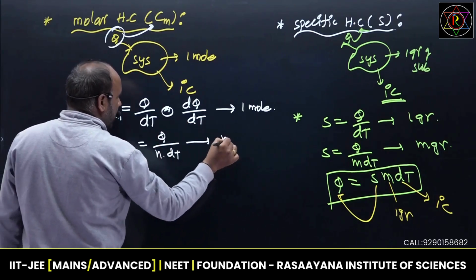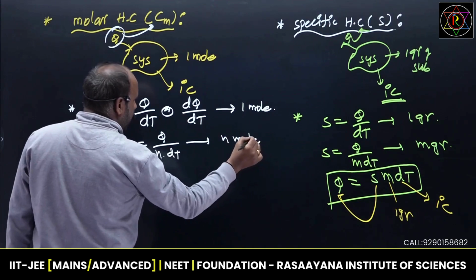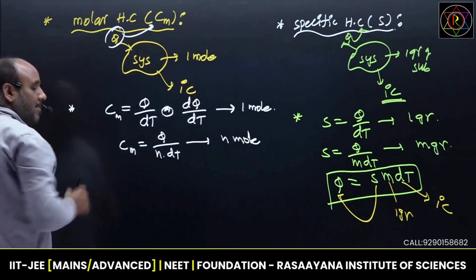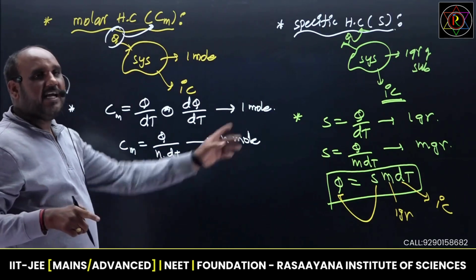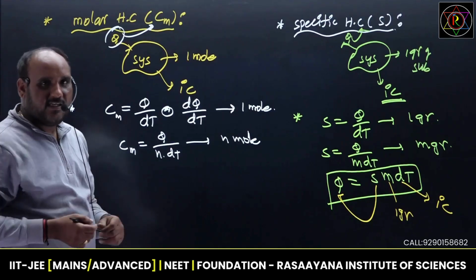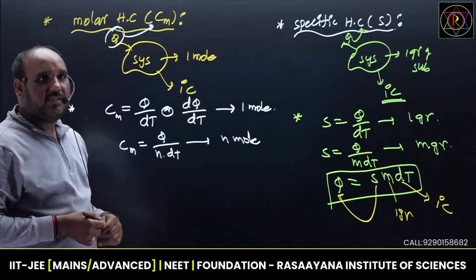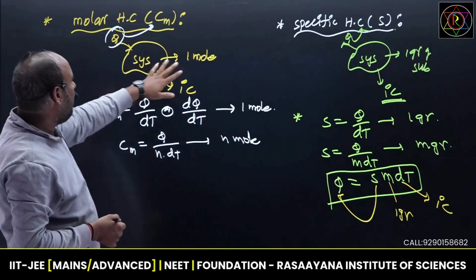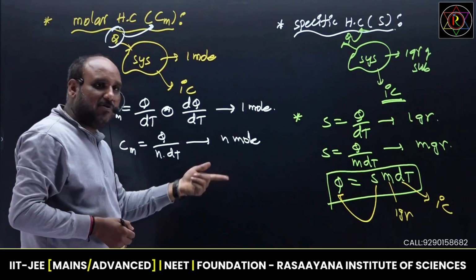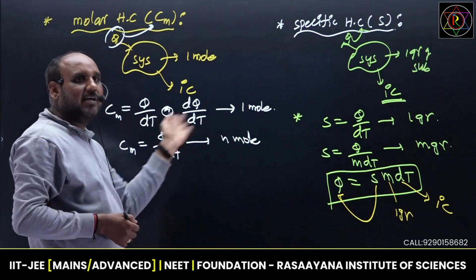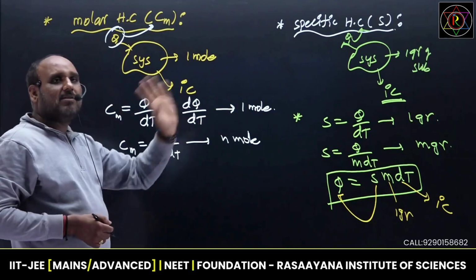This is for n moles of substance, because the heat capacity we calculate is for 1 mole only. If the substance is 5 moles, we apply it for 1 mole to get C, then apply for 1 mole, 1 mole, 1 mole, adding every time, or else simply multiply by 5.